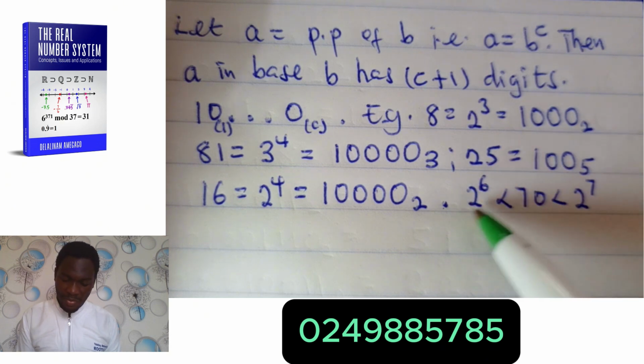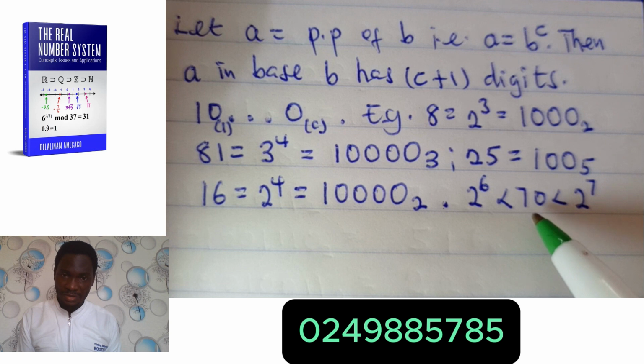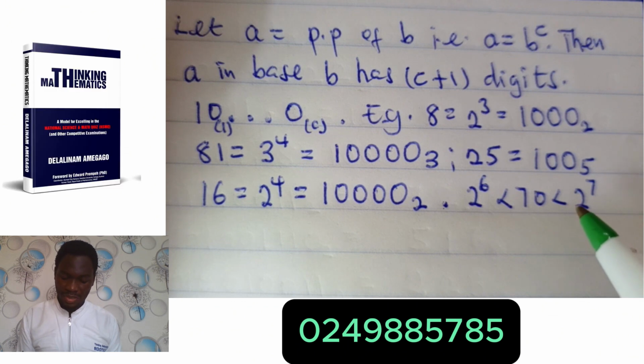So for this number, we are going to have 7 digits. That's 64 in base 2, 1 followed by 6 zeros. The same will apply to 70, the same will apply to 71, up till we get to 127. So it is not a problem.